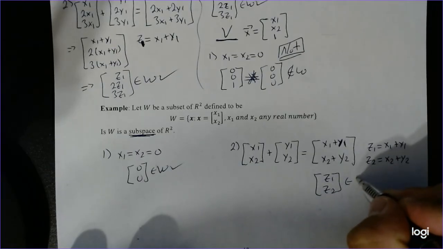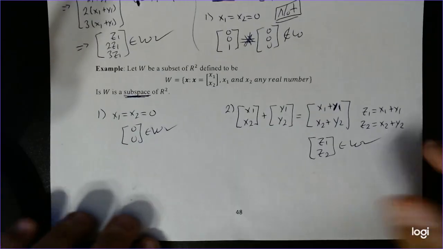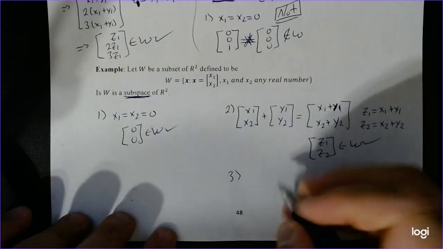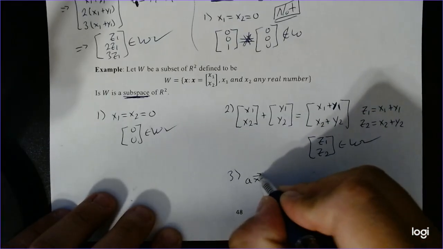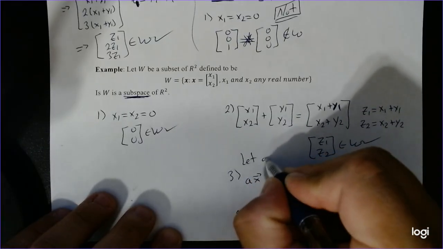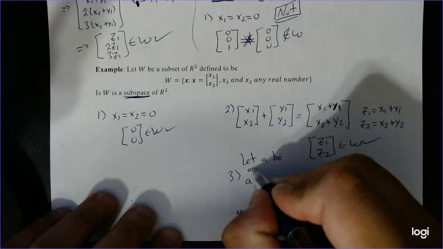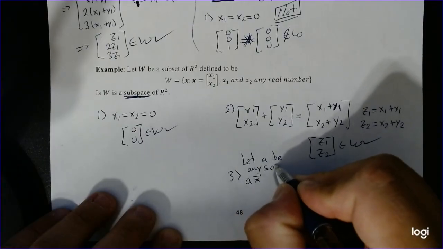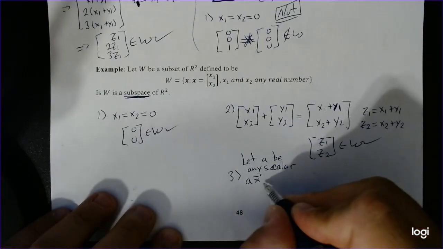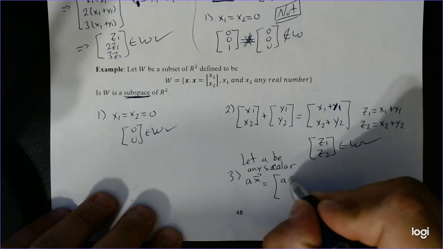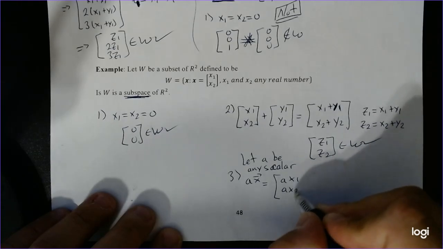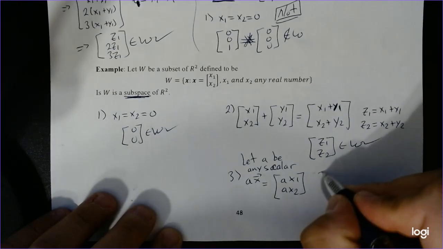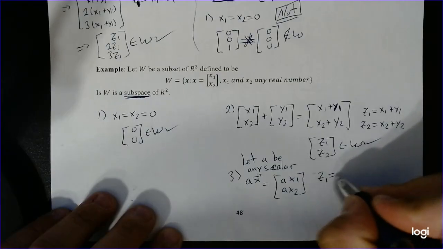So it holds under vector addition, and then finally scalar multiplication. And same format.